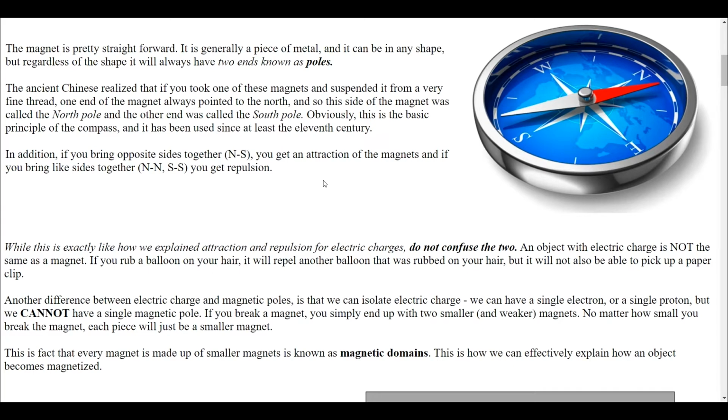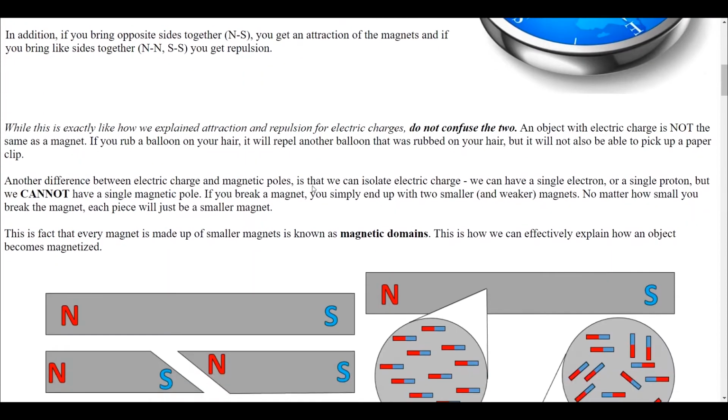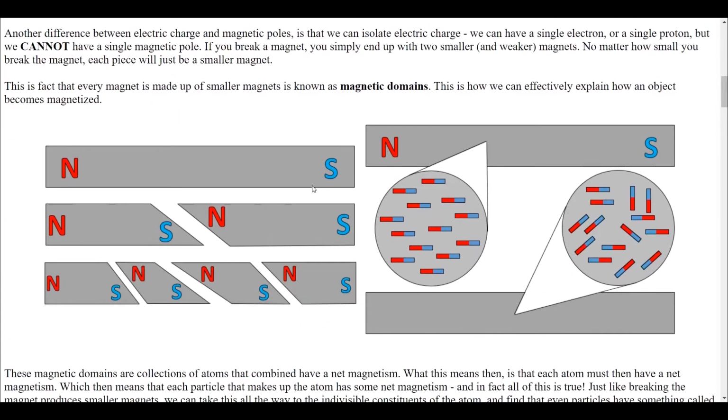Whereas with a magnet, you can't really narrow in on just the north pole. That's because magnets are really just made up of more smaller magnets, which we call magnetic domains. And so if you were to take a bar magnet and break it in half, you just have two magnets now. And if you take those pieces and break them in halves, now you've got 4 magnets. And that's because you've got these little things on the inside, which we call magnetic domains.